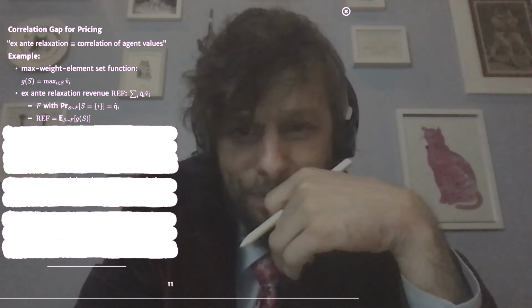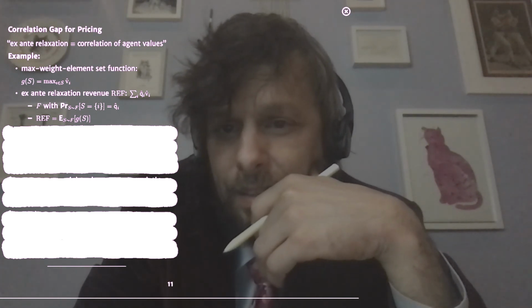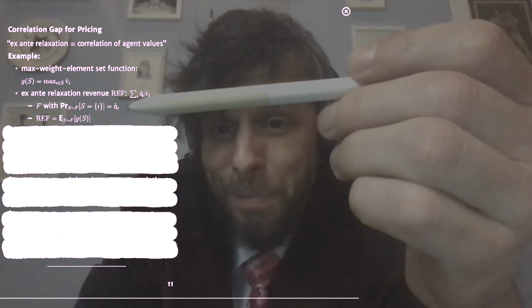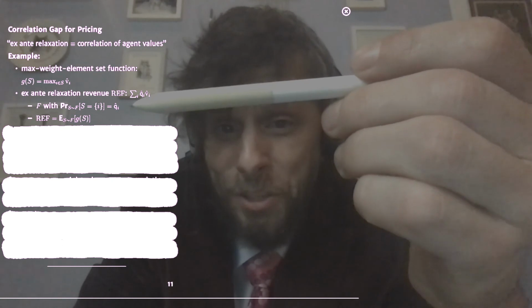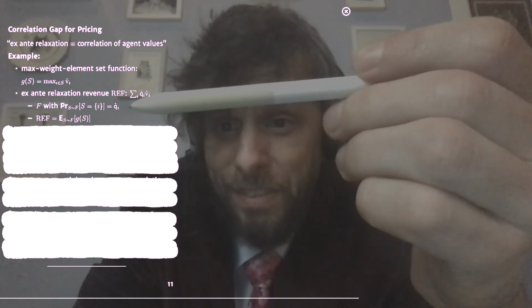All right. The ex-ante relaxation, as we saw, is just the sum of the probability I allocate times the price I offer, because the ex-ante relaxation is the pricing. Now I'm going to define a correlated distribution of subsets of agents, one that's perfectly correlated, so exactly one of these agents shows up at once.